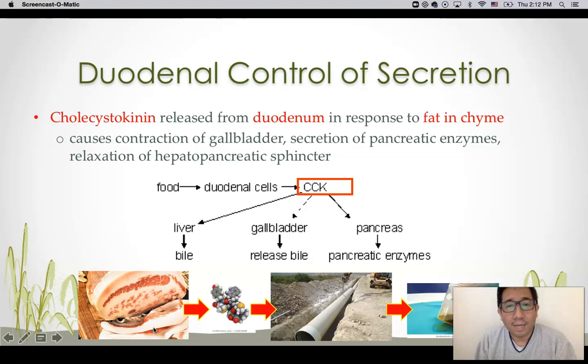Just a side note, fun fact. People in the past thought that fat would cause you to be fat, so they didn't want to eat any fat. They put certain substances in food so that you wouldn't absorb fat and would just poop it out.